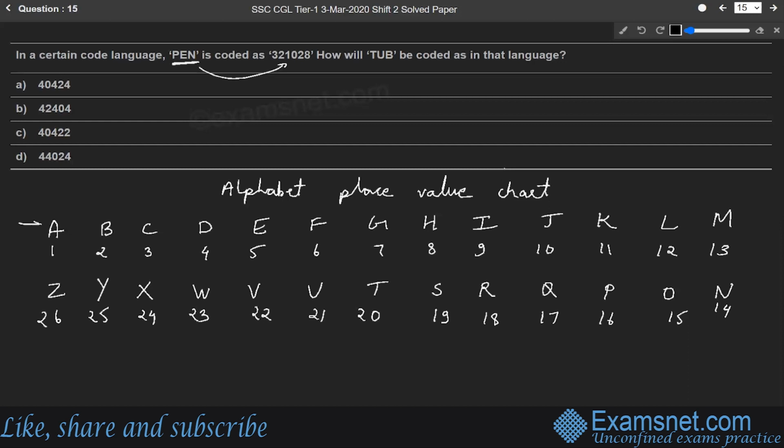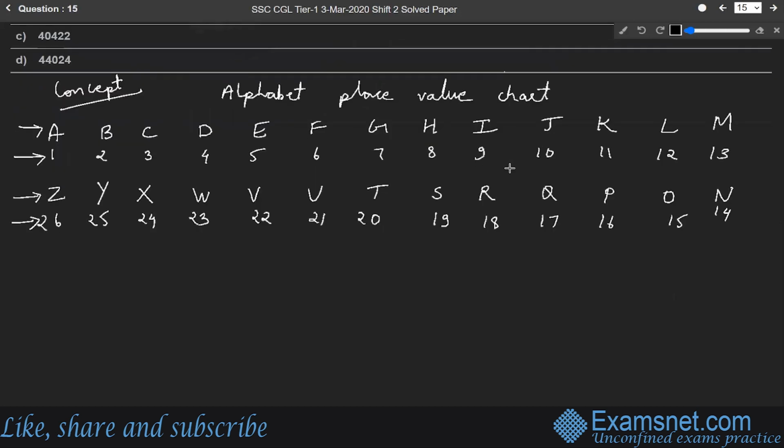So this is the list of alphabets and this is their positional value. Now, it is given in the question that pen is coded as 321028. So coming to the solution part of this question, this was the basic concept that we have to use here.